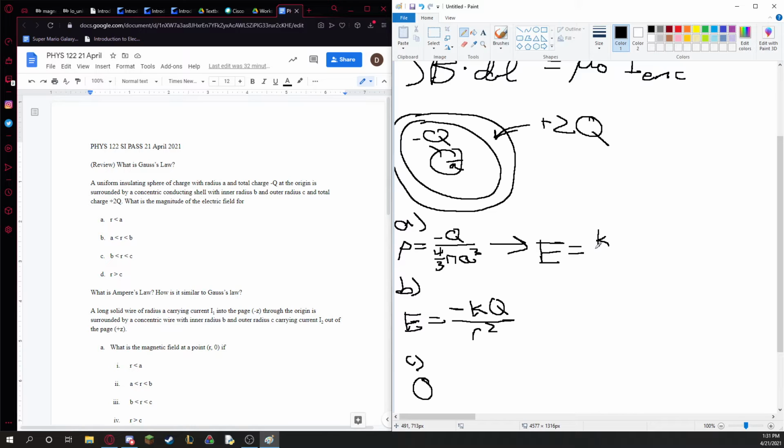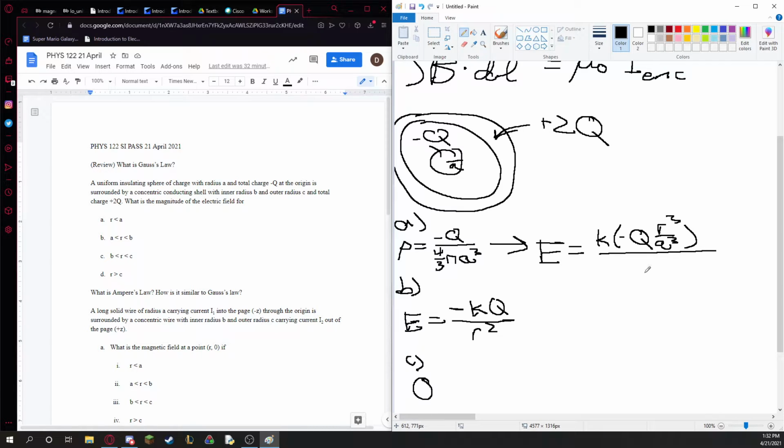It would just be the 4/3 pi r cubed, for whatever radius we're at. So we have our density times our volume. The 4/3 pi cancels out, so we have negative Q times r cubed over a cubed.